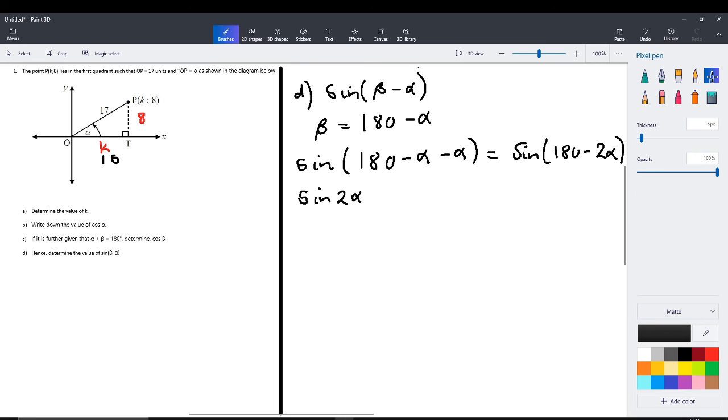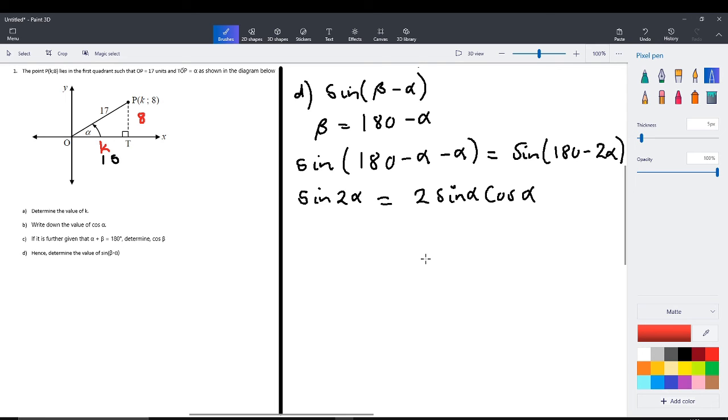From our double angle formulas, sine 2 alpha is equal to 2 sine alpha times cos alpha. We already know what cos alpha is, but we don't know what sine alpha is. If we go back to our diagram, we have sides: hypotenuse, opposite, and adjacent.